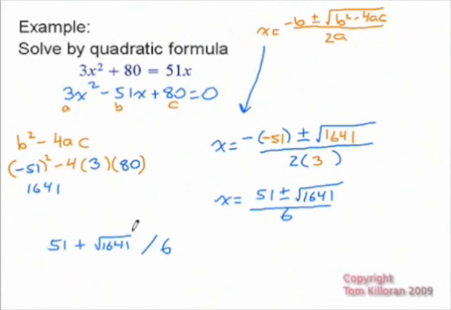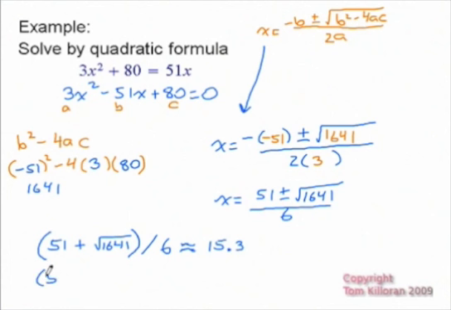To do this in the proper order, you're going to have to put parentheses around the top. This answer will give you approximately, not exactly, but approximately 15.3, about 15.3. And I suggest using your calculator to do this calculation. Make sure you can still end up with 15.3.